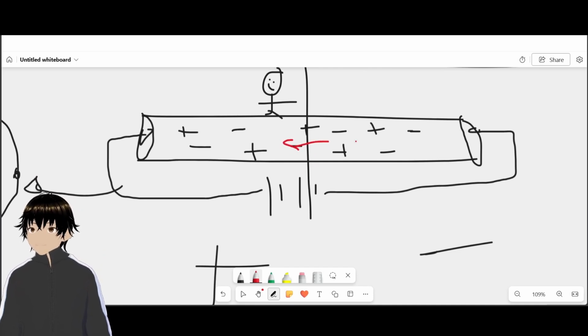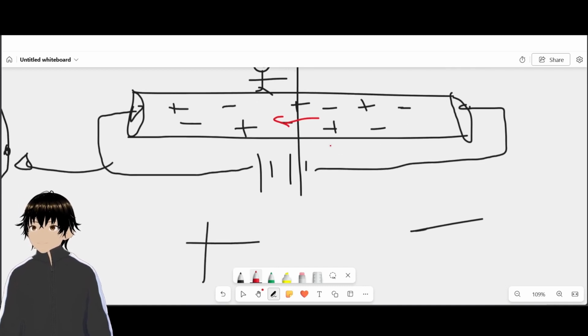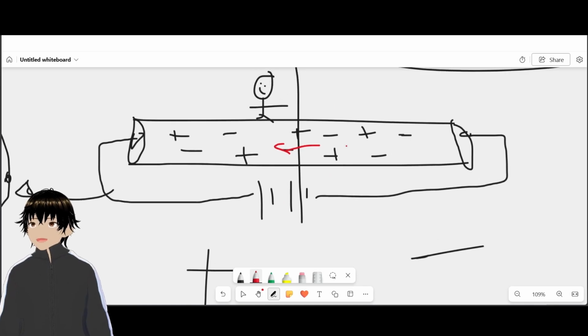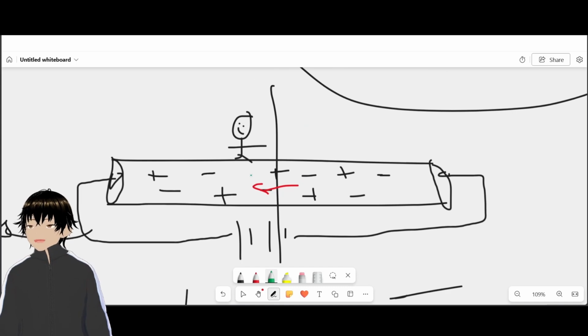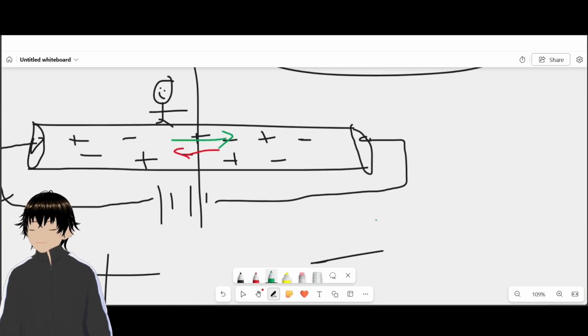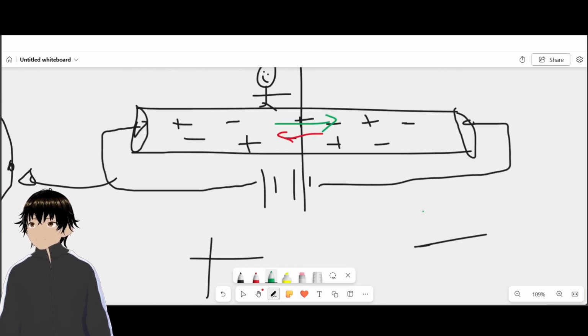So going here, the negative electrons are going to the left side, because the left side is positive and it attracts them. And the positive ions are going to the right side, because opposites attract.